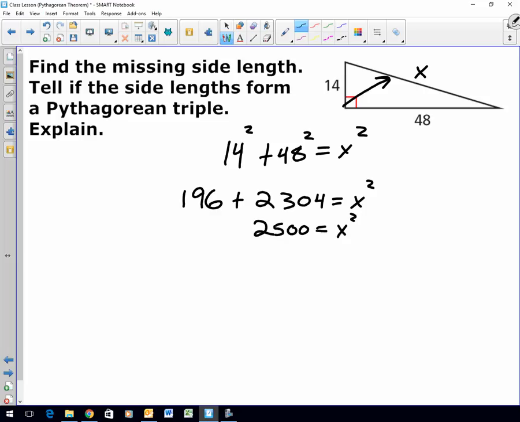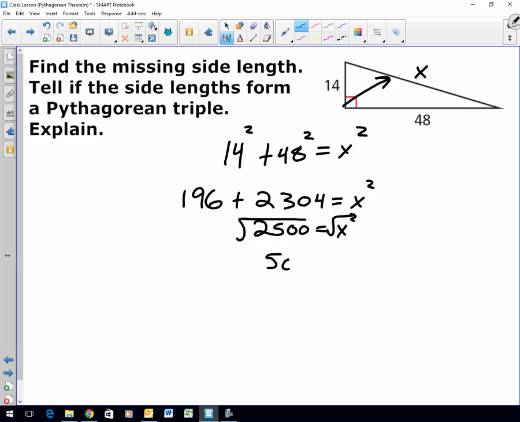How do I get rid of that power of 2? Put it in a radical. And when I put that in a radical, what I'm doing is taking the square root. Again, there's two main hiccups on these problems: not identifying the hypotenuse and not understanding how to get rid of this power of 2. Take the square root of both sides and you will do that. What's the square root of 2500?